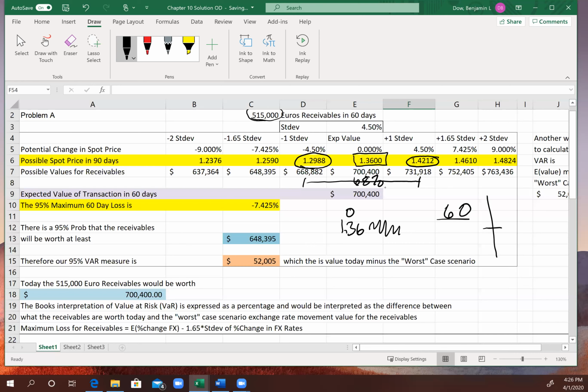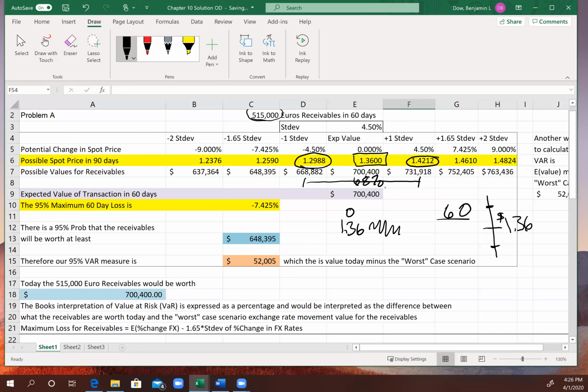If it's equally likely to go up as it is to go down, kind of like flipping coins, equally likely to get heads as you are tails, then our most likely outcome is it's going to be somewhere around where it is today at $1.36. That's the expected outcome.